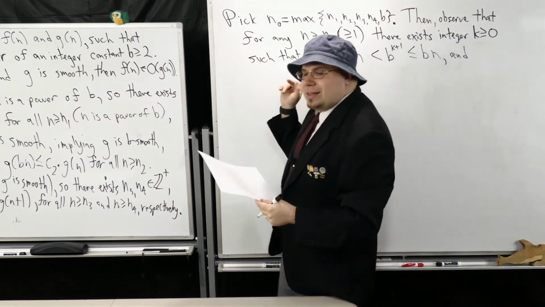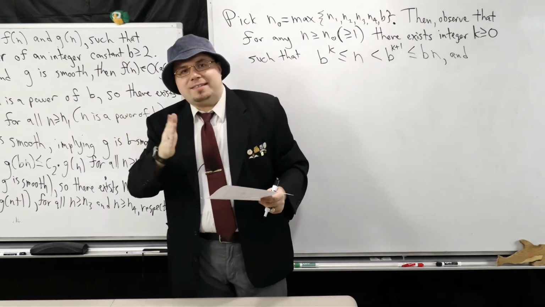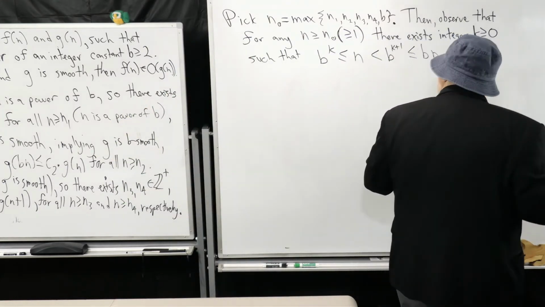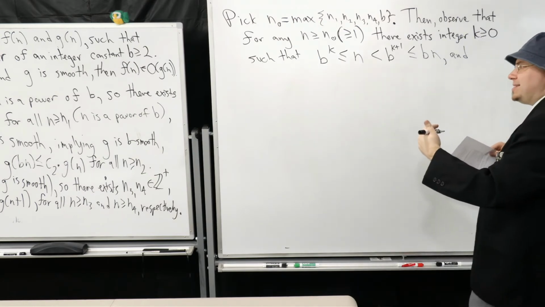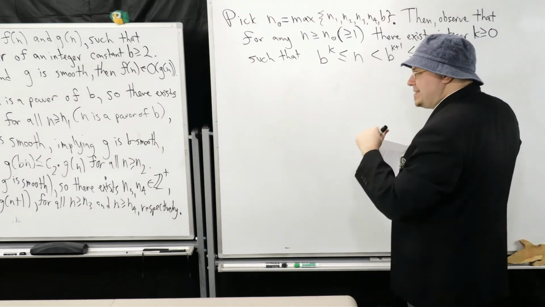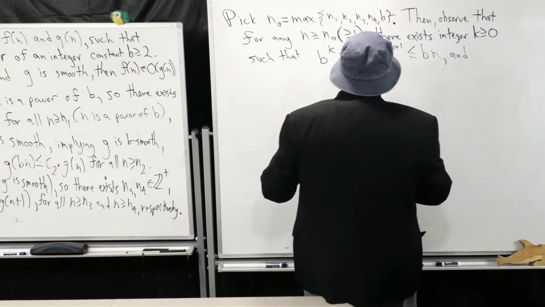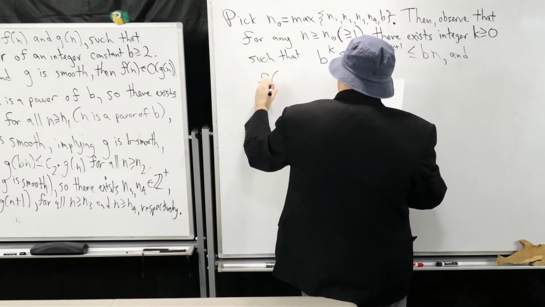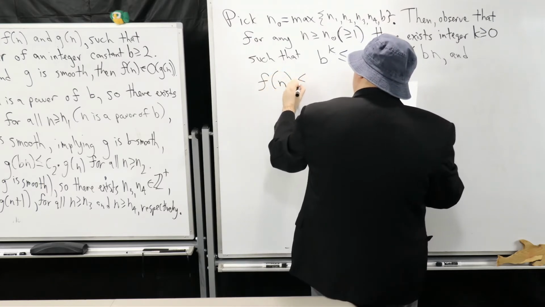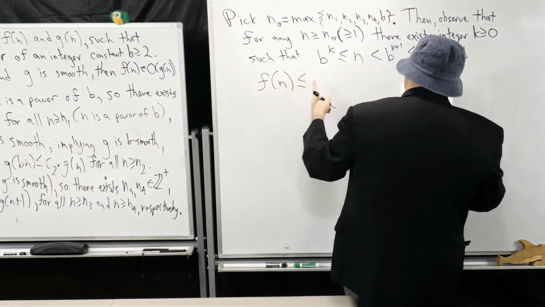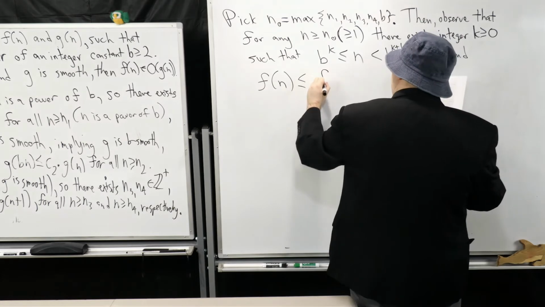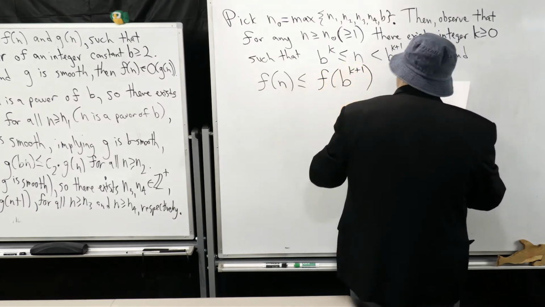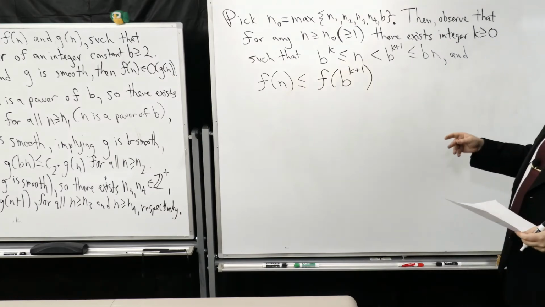So I know that this k will always exist such that I could sandwich it between n, regardless of what n is. Remember, n doesn't have to be a power of b at this stage. It only is in that first sentence I made in the proof here. And now this is where you have to follow me very carefully. Now f of n is going to be less than or equal to b to the power of k plus 1. Now you might ask, Dan, why is that true for f?